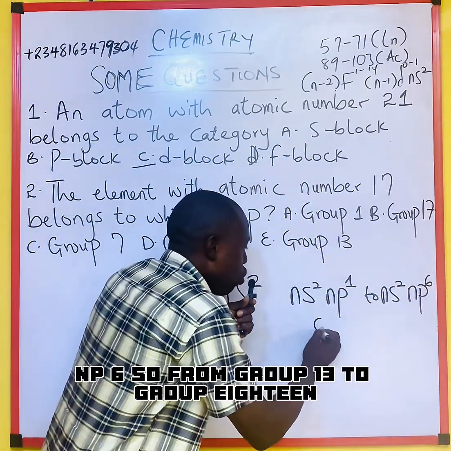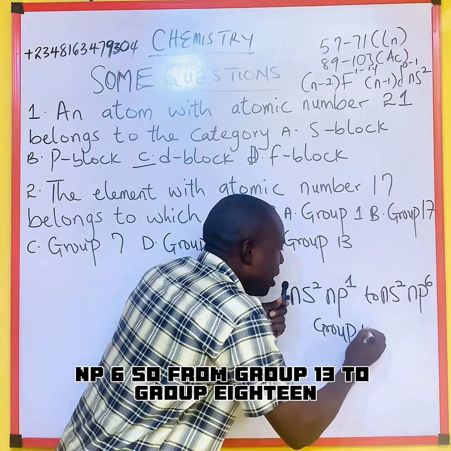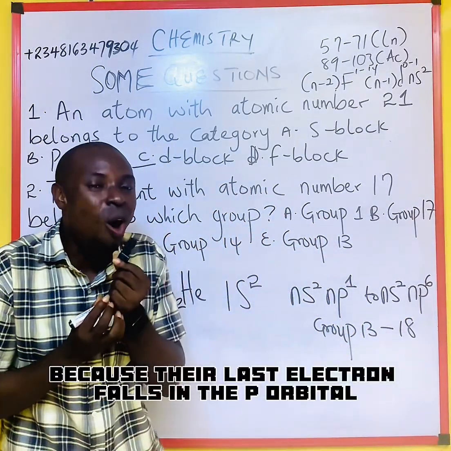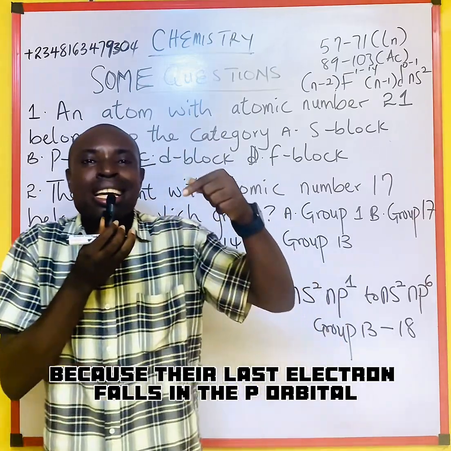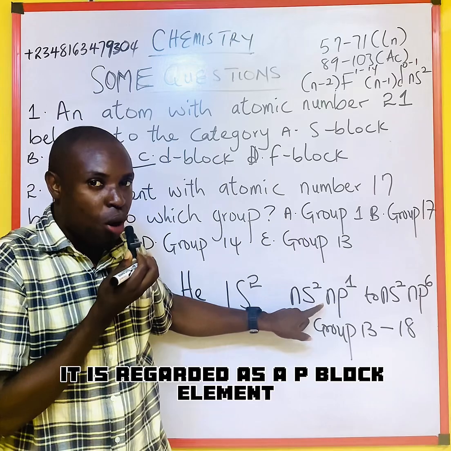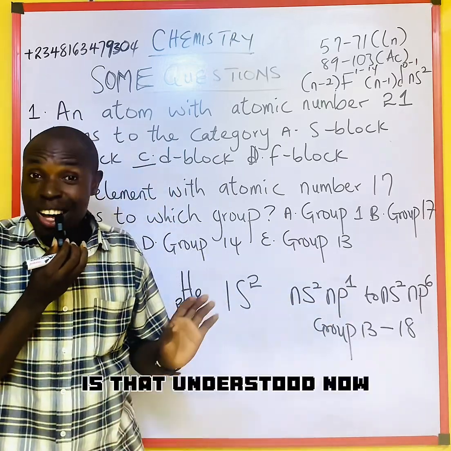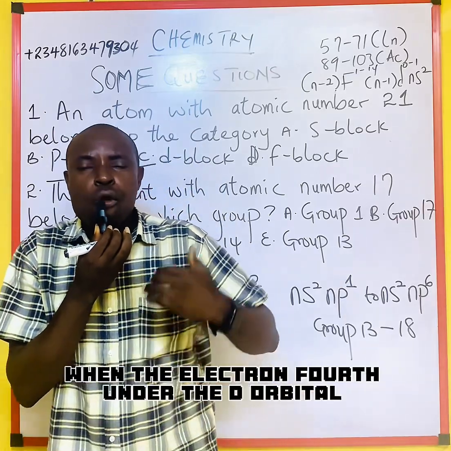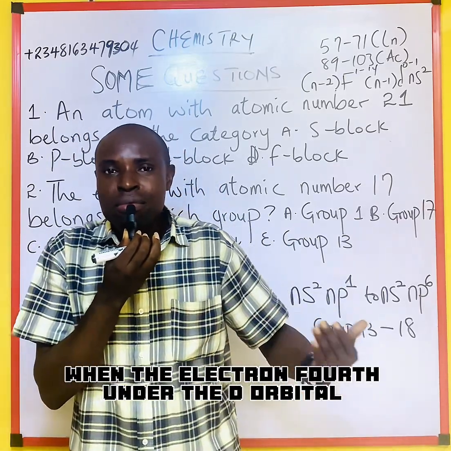So from group 13 to group 18, because their last electron falls in the p orbital, it is regarded as a p block element. Is that understood?